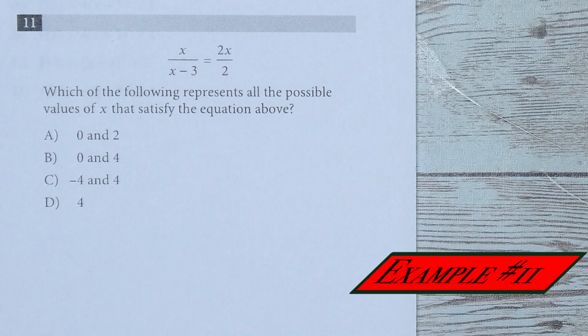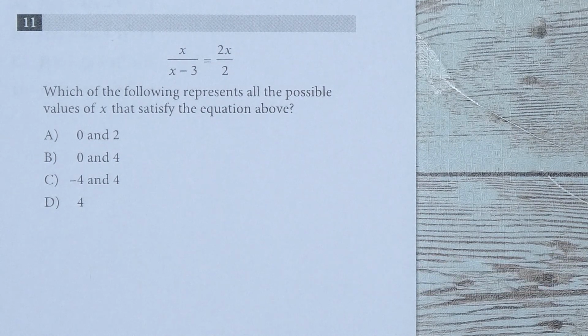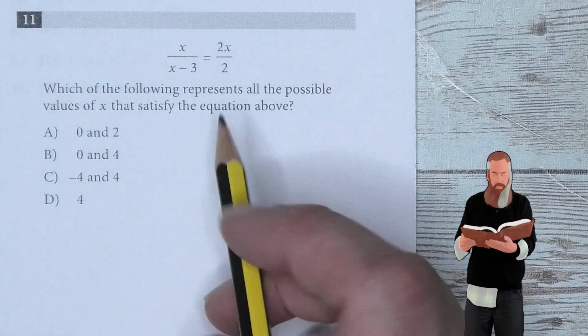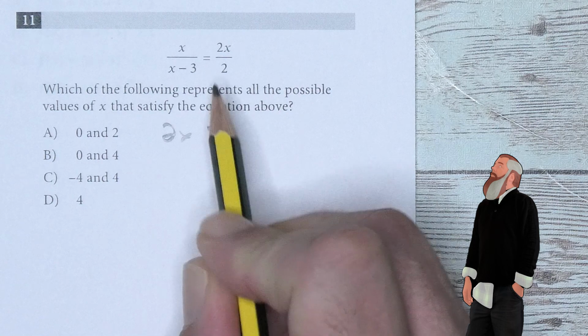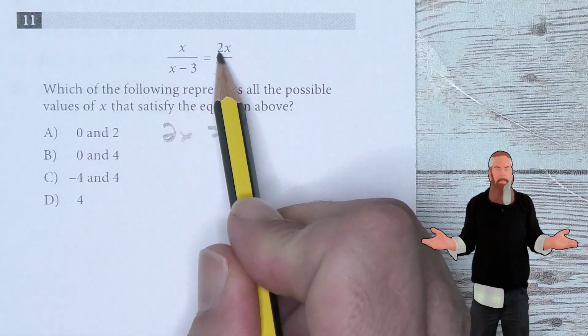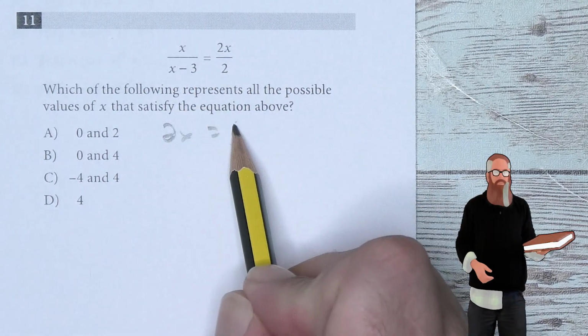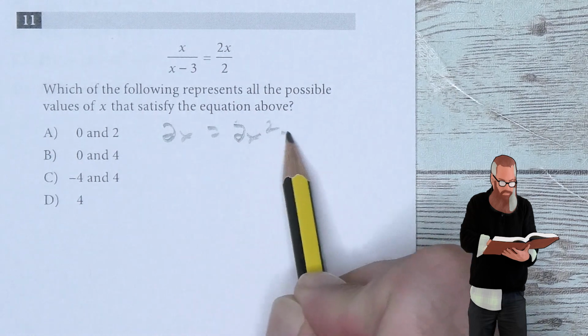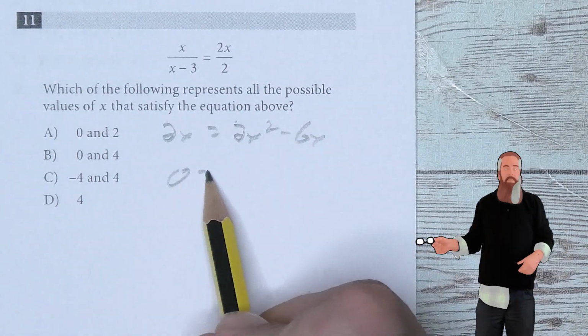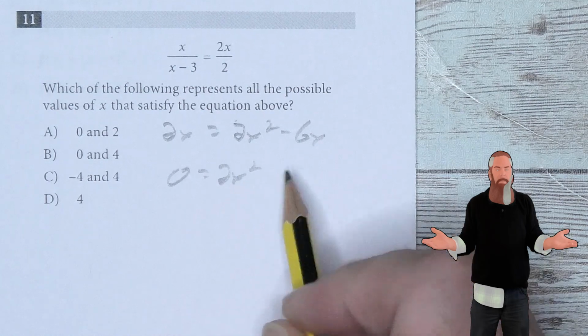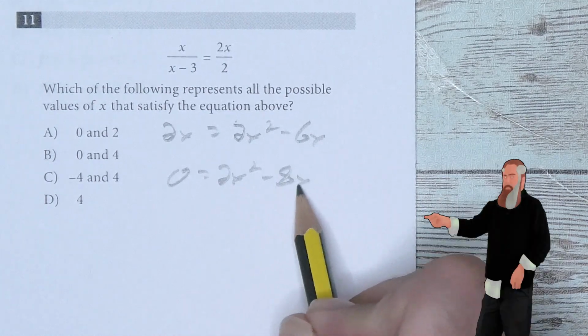Which of the following represents all of the possible values of x that satisfies the equation above? Let's start by cross-multiplying x and 2 to get 2x, and x minus 3 times 2x, which will give us 2x squared minus 6x. So we're going to move 2x to the other side, giving us 0 is 2x squared minus 8x.